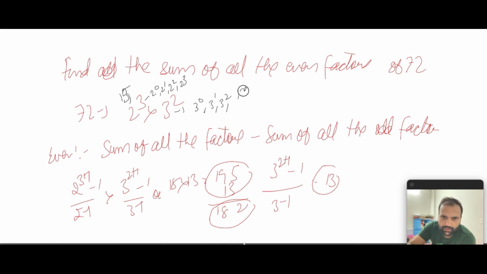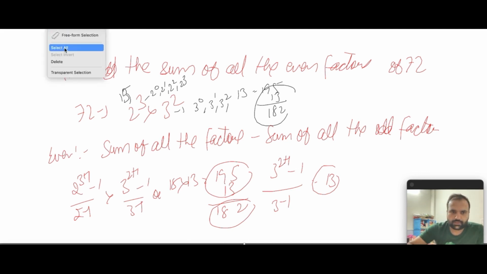And this would be 9 plus 3 is 12, plus 1 is 13. So 195, and again taking 13 out of it, it should be 182. So this is the sum of the even factors.